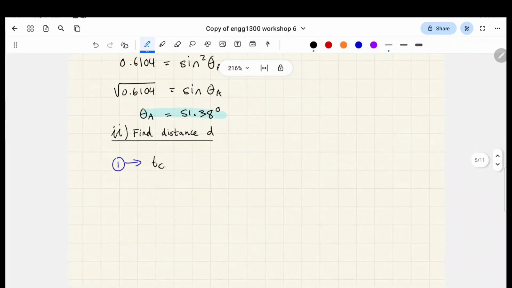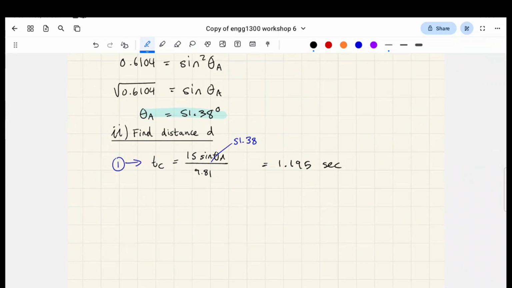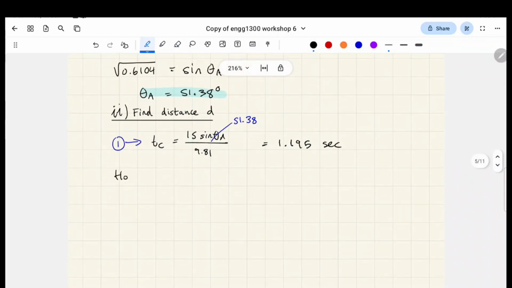So TC is now what we had before. Replace that. And when we get that on our calculator, it's equal to this, right? So now we have the time it takes for the ball to be thrown and then get to point C. Now we're looking at the horizontal motion.